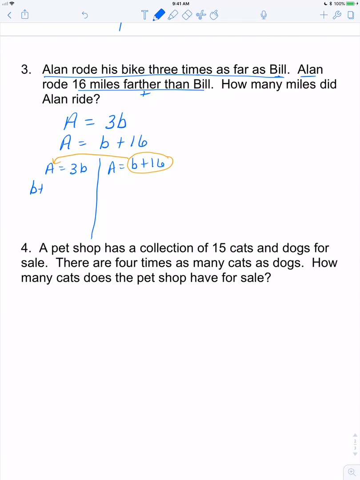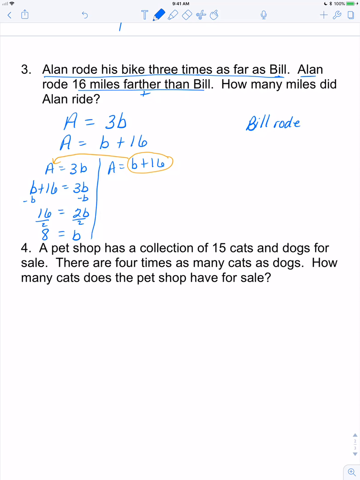So B plus 16 is equal to 3B. Let's subtract this B. We get 16 is equal to 2B. Divide both sides by 2. So B is 8. So Bill rode 8 miles.